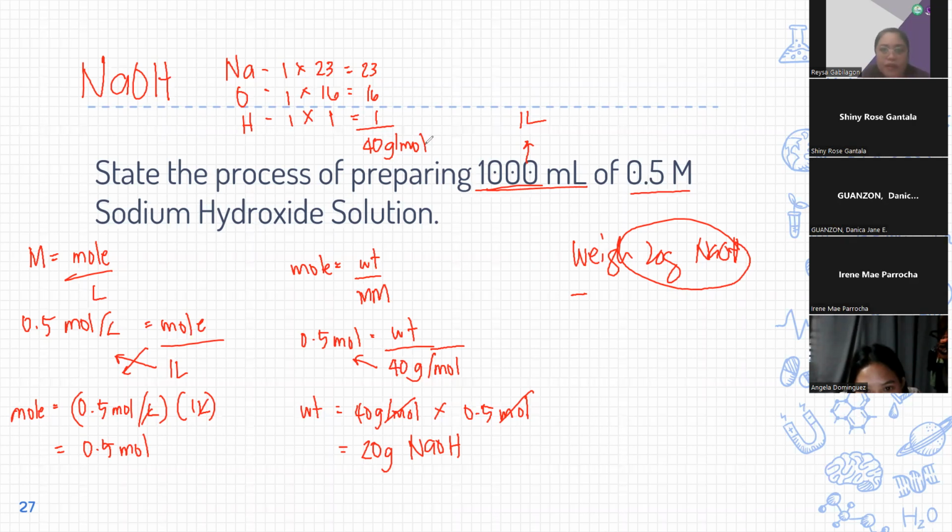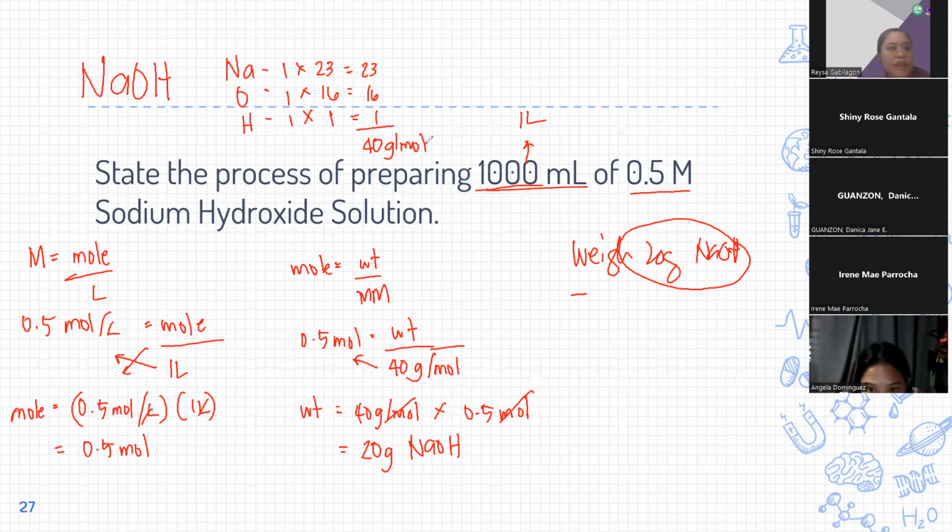And then 0.5 times 1,000. Ay, 0.5 times 40 days. It's 20. 500 was used. 500 is produced per cycle. 1 liter. 1 times 0.5 is 0.5, right?